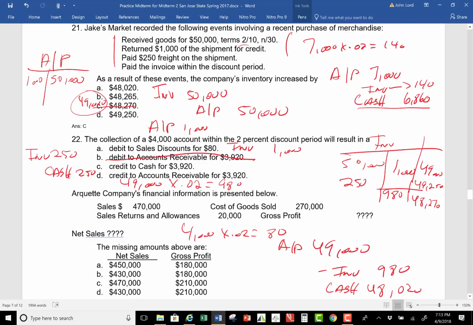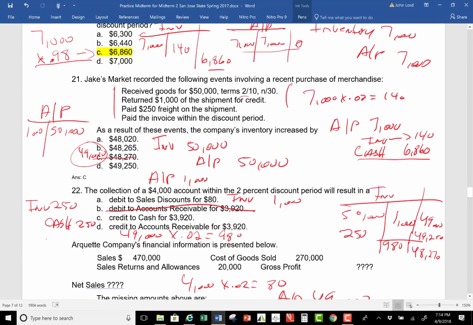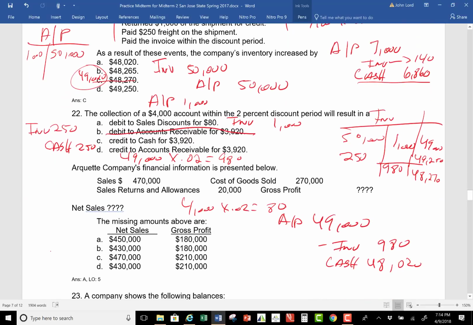When I record the receivable, let's just do this one the long way. I debit accounts receivable of what? 4,000. I credit sales for 4,000 when I make the sale.